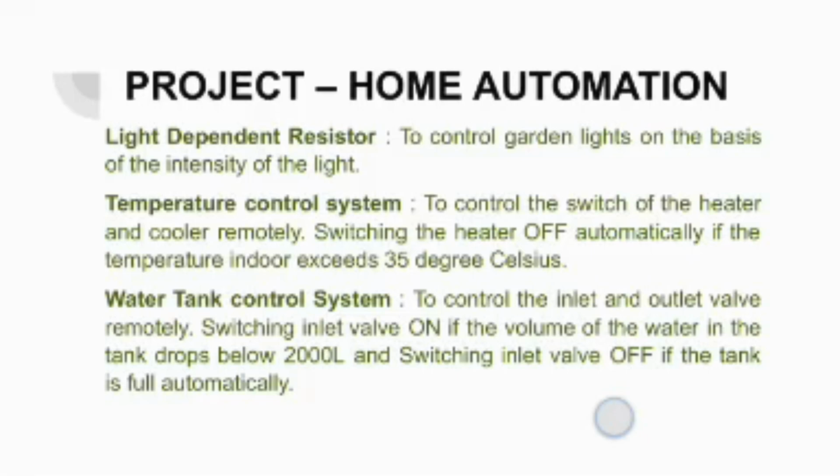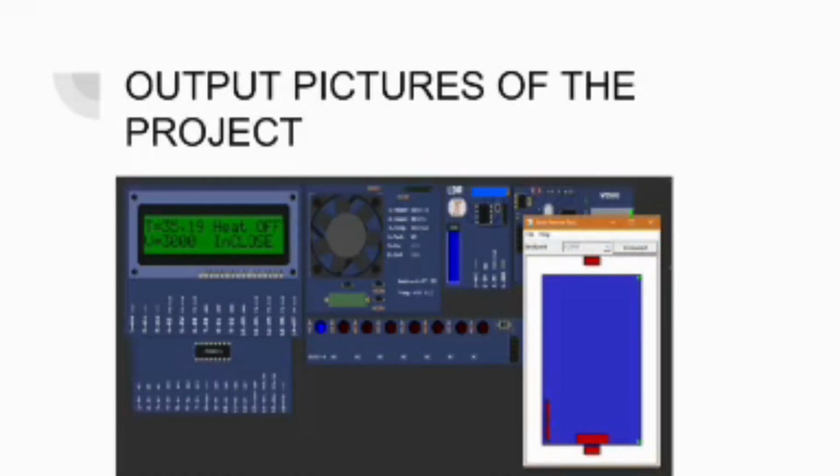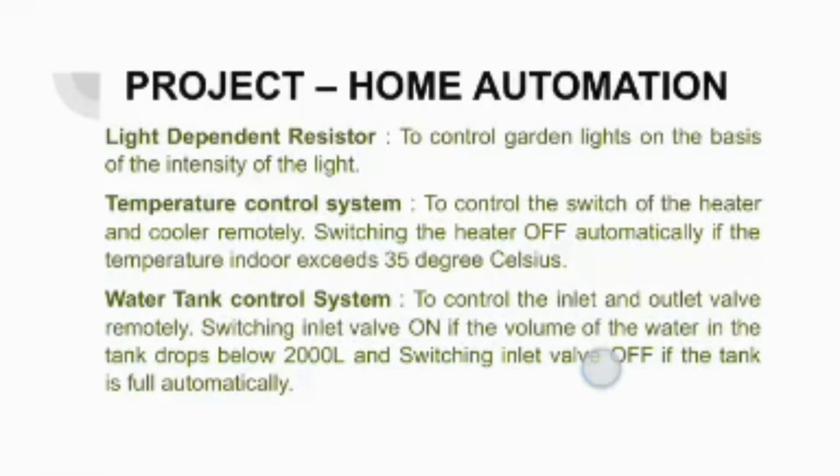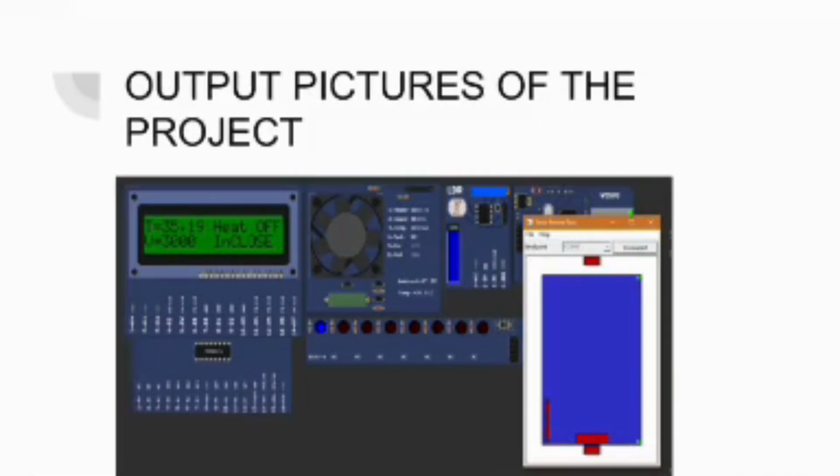The inlet valve is switched on if the volume of water in the tank drops below 2000 liters, and switched off automatically if the tank is full. If the water comes below the threshold value, the inlet valve will turn on.